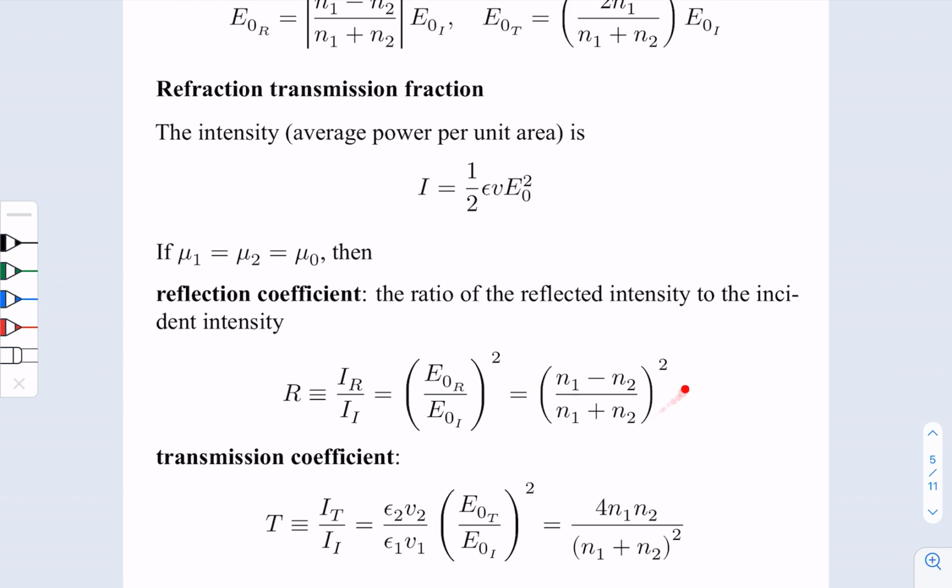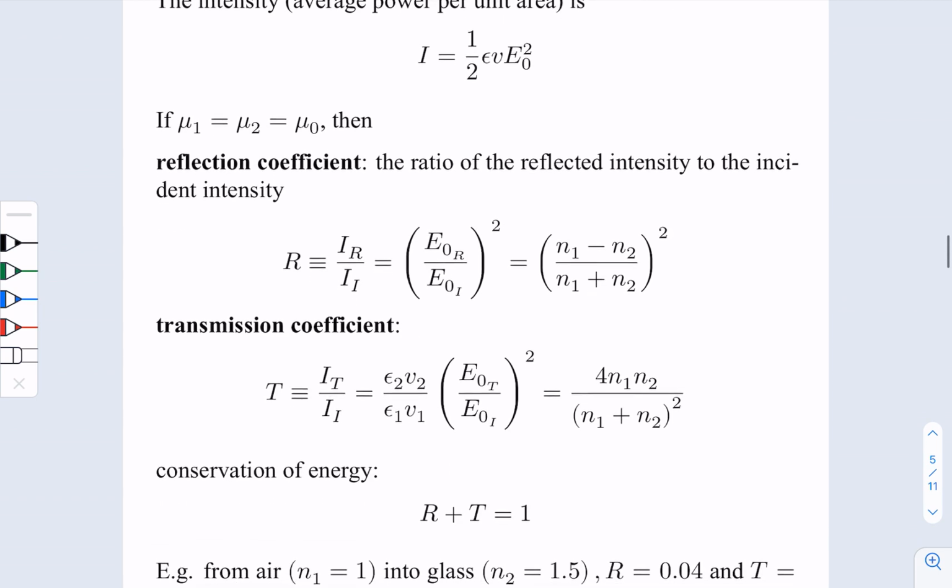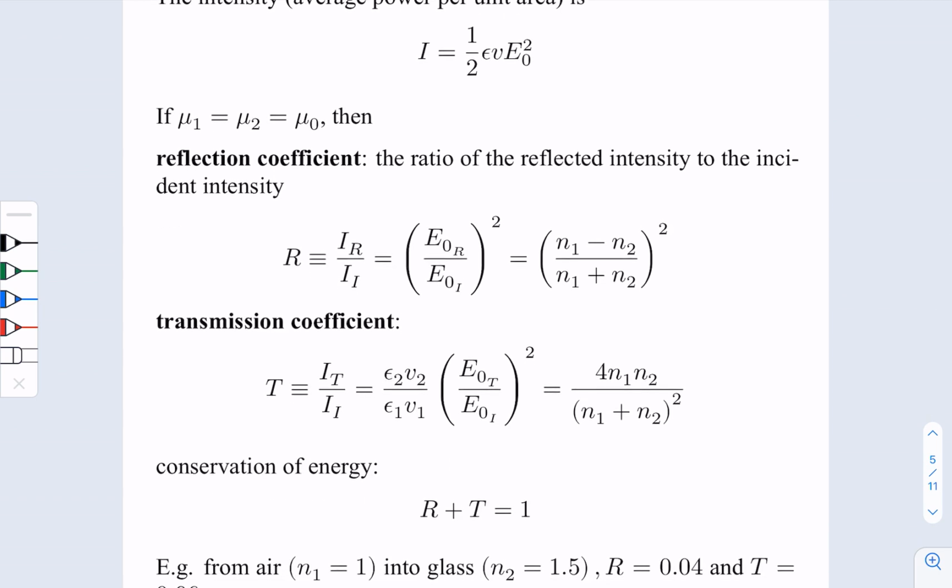But once we get the final expressions for the transmission coefficient and reflection coefficient, because of the conservation of energy, we can double check that indeed they add up to 1.